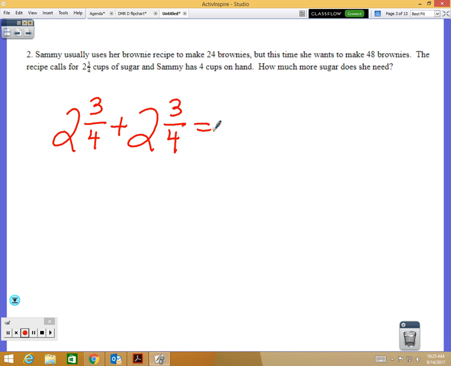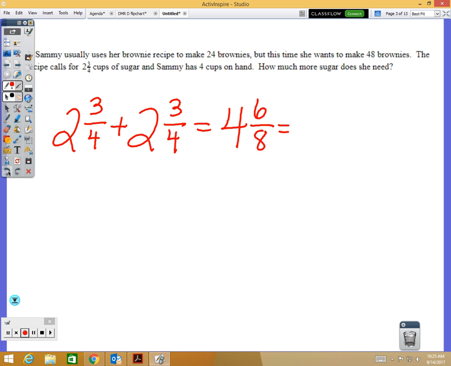Now you could do 2 3/4 times 2 if you wanted to also, but I think this is easier. So that's going to give me 4 and 6/8, which would be 4 and... Sorry. I was like, wait a second. Thank you. That's not right. Add your numerators only.